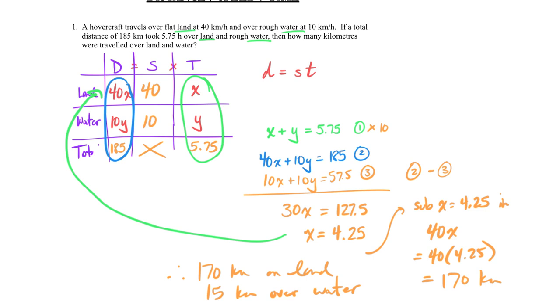So, 2 different ways to tackle those problems. Now, I know that that was a lot of time spent on those 2 problems, but I think that that chart could be a really nice organizational tool for you to be able to create an equation with speed, distance, time information. That when you have that relationship in the problem, it gives you so many ways to solve that problem.